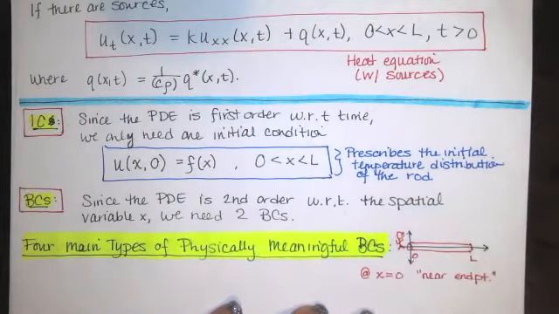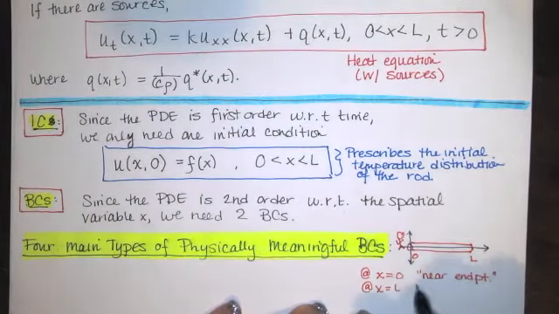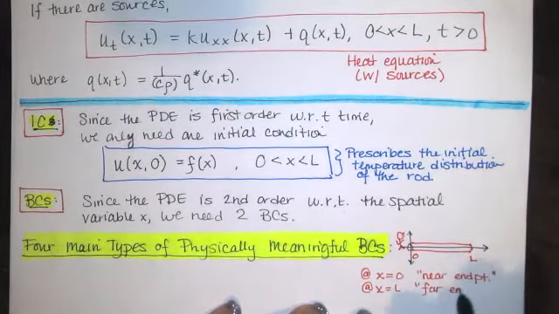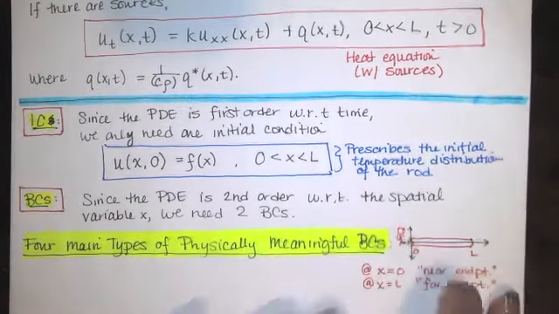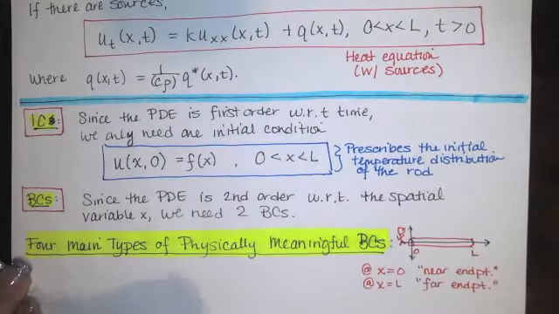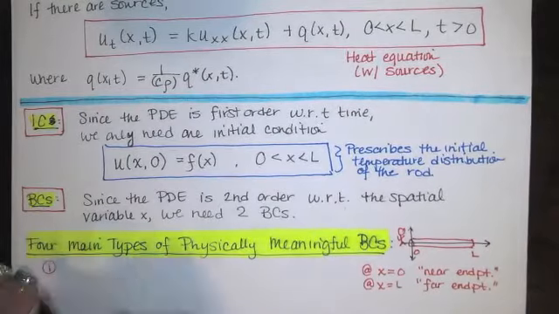I guess it's a near endpoint if you're standing over here. If you're standing over here, the one on the other side at x equals L would be the far endpoint. Okay, so with that in mind, let's talk about the four types of physically meaningful boundary conditions.